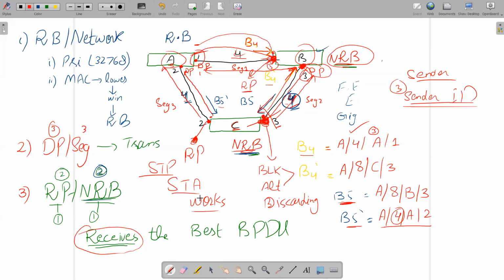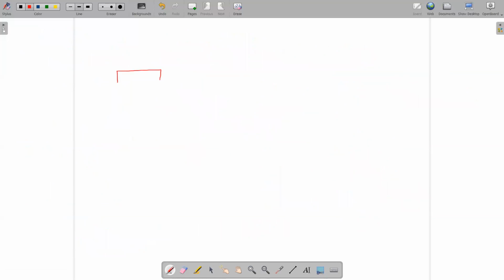That's how. So that was our topology. One with 1, 2 with 2, 3 with 3.